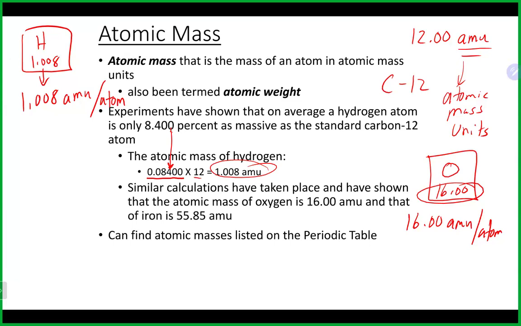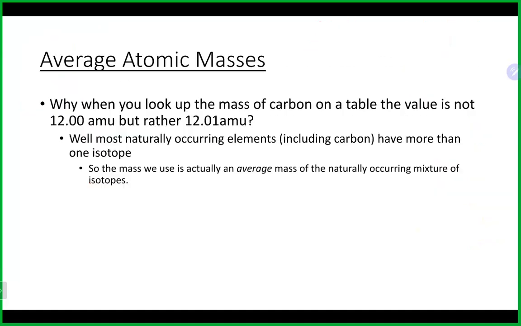Now, one of the interesting things that you might think of is, well, if they use the carbon-12 isotope as the standard, and it has a mass of 12.00, why, when I look at the periodic table, does carbon say 12.01? And there is actually a reason for that.